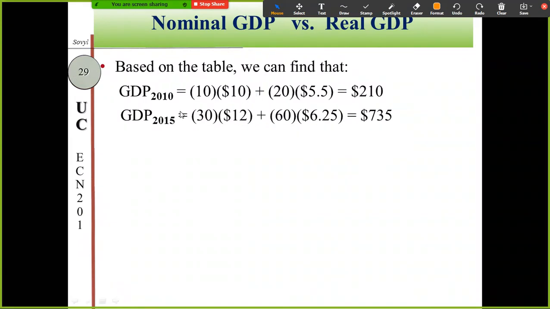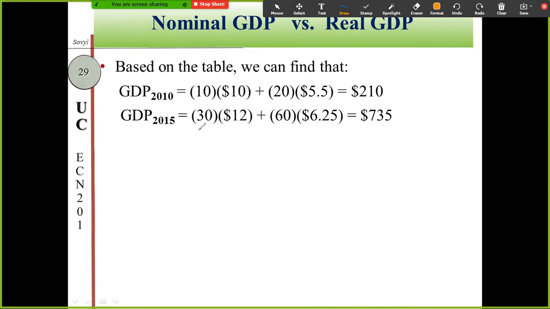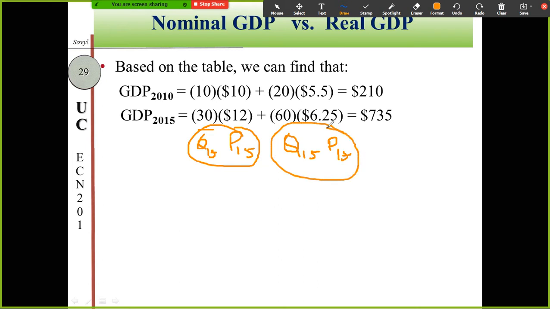This one. Q 2015, price also 2015 for pizza. Q 2015, price also 2015 for rice. We add together, this is the total market value of pizza and rice in 2015.